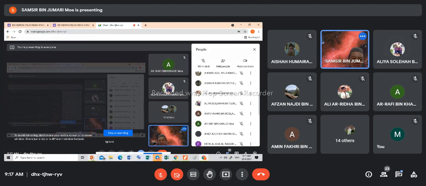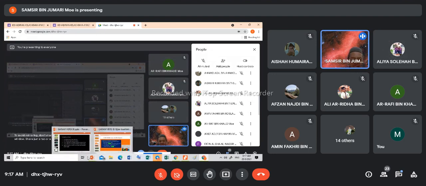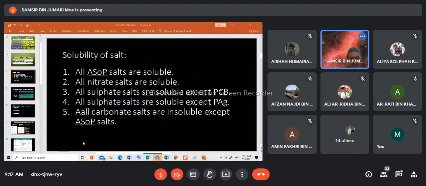Okay, if we want to prepare the insoluble salt, we have to know what this salt is. Jadi kita kena tahulah apa jenis-jenis garam yang tak larut tu. If in the question there is an example of a salt given, we have to know the types of the salt based on the solubility, right?